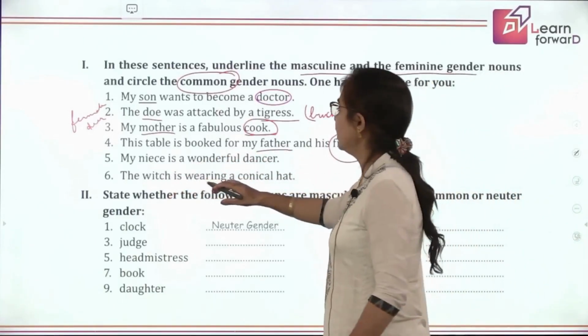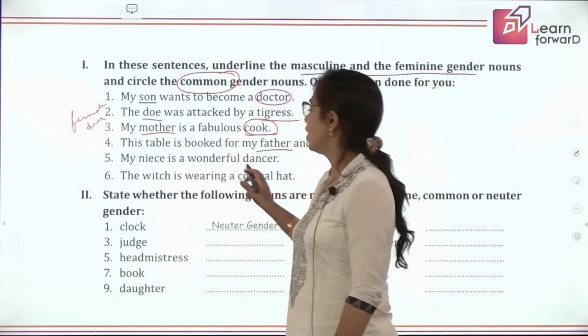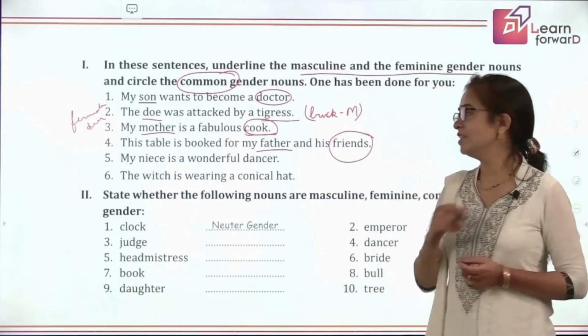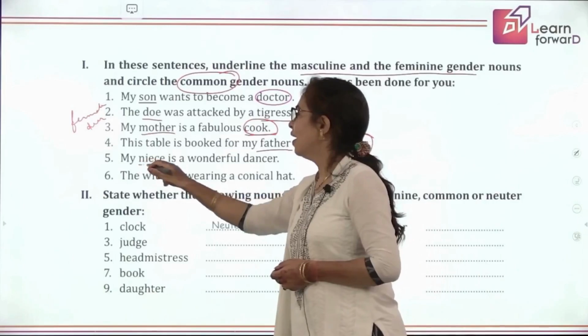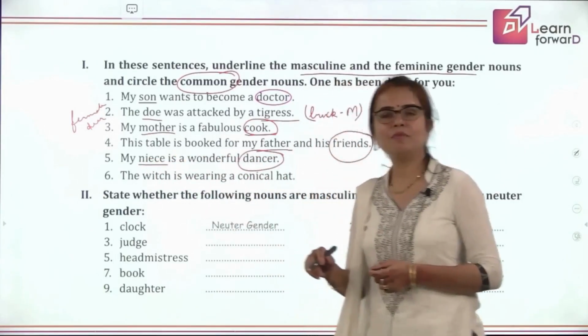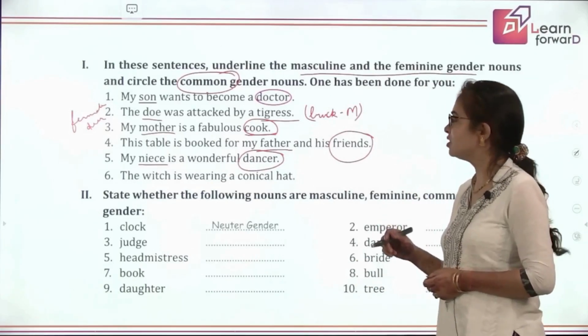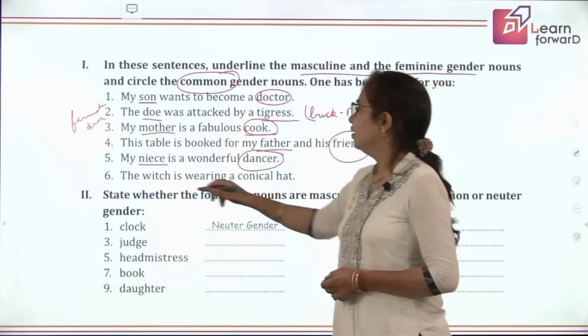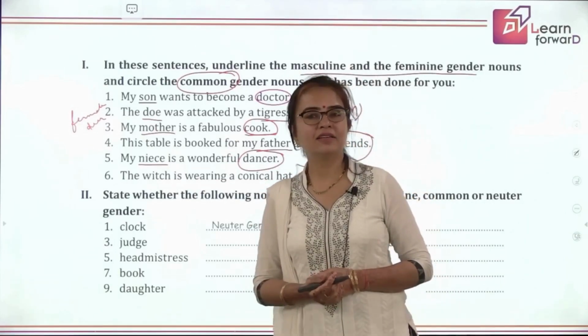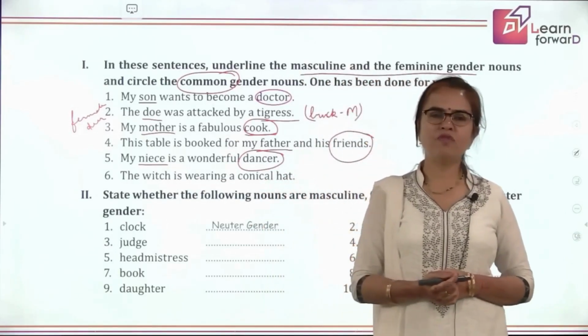Let's move to the next. My niece is a wonderful dancer. Niece is feminine gender, so underline this, and dancer can be males and females, so that is common gender. Next, the witch is wearing a conical hat. What is witch? Have you heard of this word?